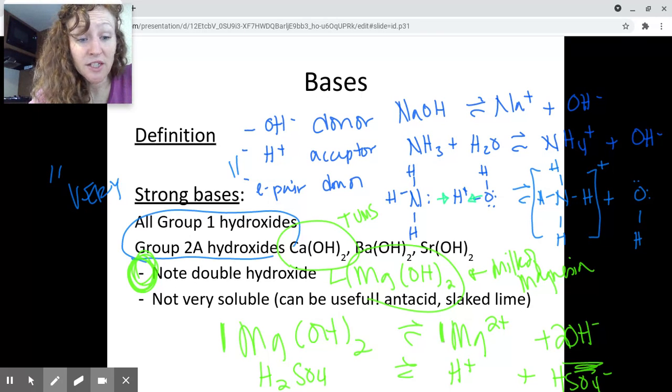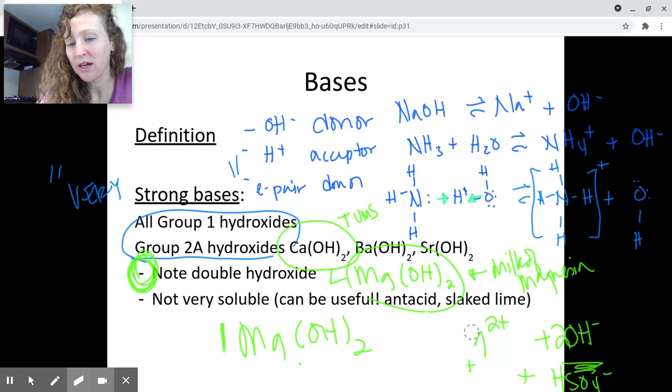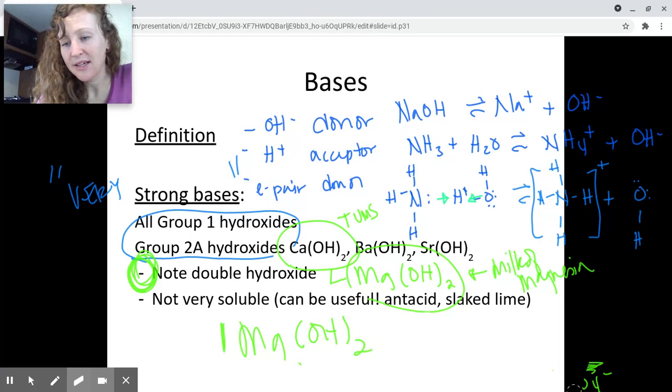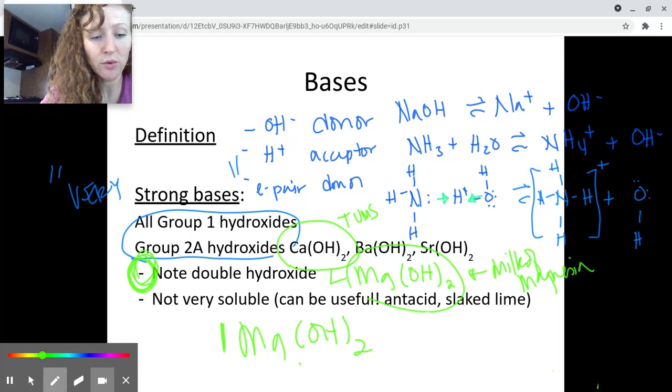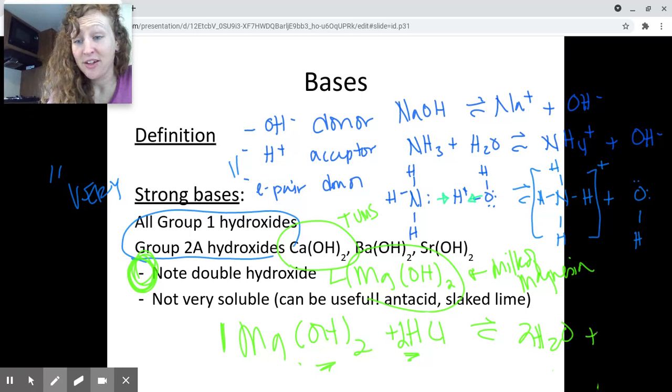This also makes a difference when it's reacting with an acid, which we will see in those neutralization reactions coming up, because you're going to need two hydrogens to react with two of your hydroxides to make two waters, and some ions, right?